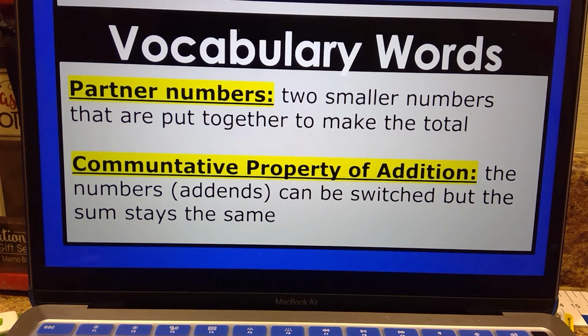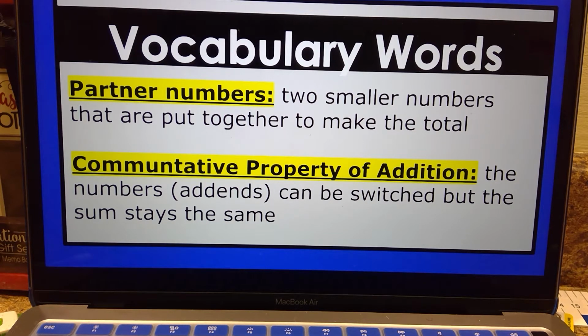Our final vocabulary word, I'll introduce it, but we'll talk more about it on Thursday, okay? This vocabulary word is commutative property of addition. In this property, it says the numbers or the additives can be switched, but the sum stays the same. So that means all the number sentences we saw, we can switch the additives and our answer will be the same.